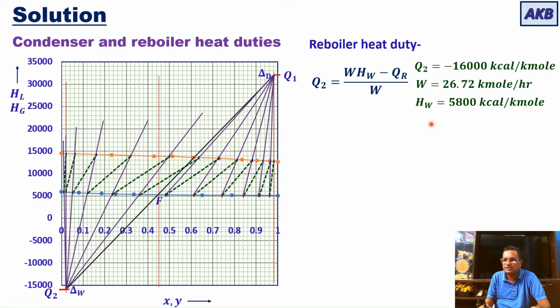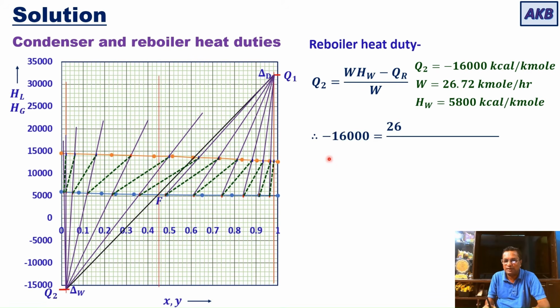Then HW is 5800 kilocalories per kilomole. Again, HW you have to read at a point. It will be the y coordinate of the point at XW. Here XW is where the red vertical line is passing, and we are reading the y coordinate, that is 5800 kilocalories per kilomole.